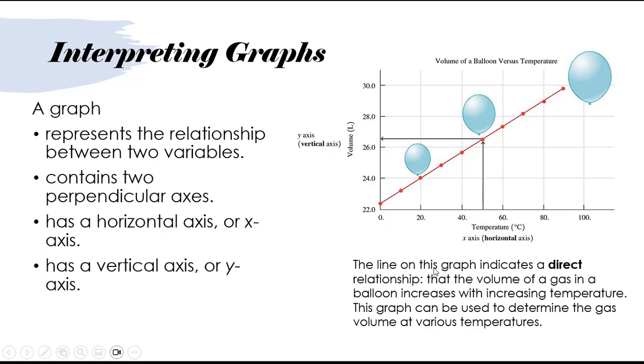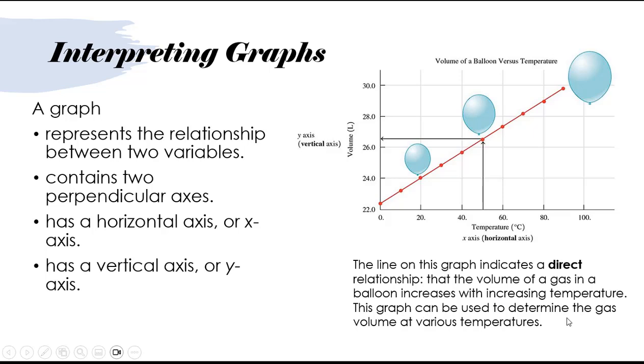For example, the line on this graph indicates a direct relationship, meaning as the horizontal axis increases, so does the y-axis, and it increases proportionally, hence why it's a direct relationship. Here, the volume of a gas in a balloon increases as temperature increases.